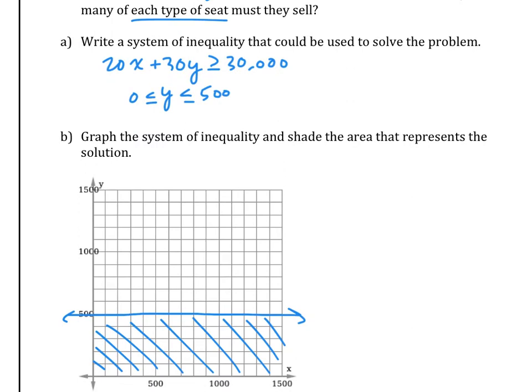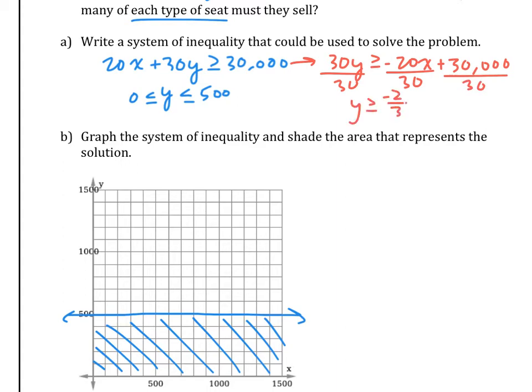Again, different color. 30y is greater than or equal to minus 20x plus 30,000. Divide by 30. Y is greater than or equal to minus 2/3 x plus 1,000. All right, I'm going to start at 1,000 and go down 2 over 3.